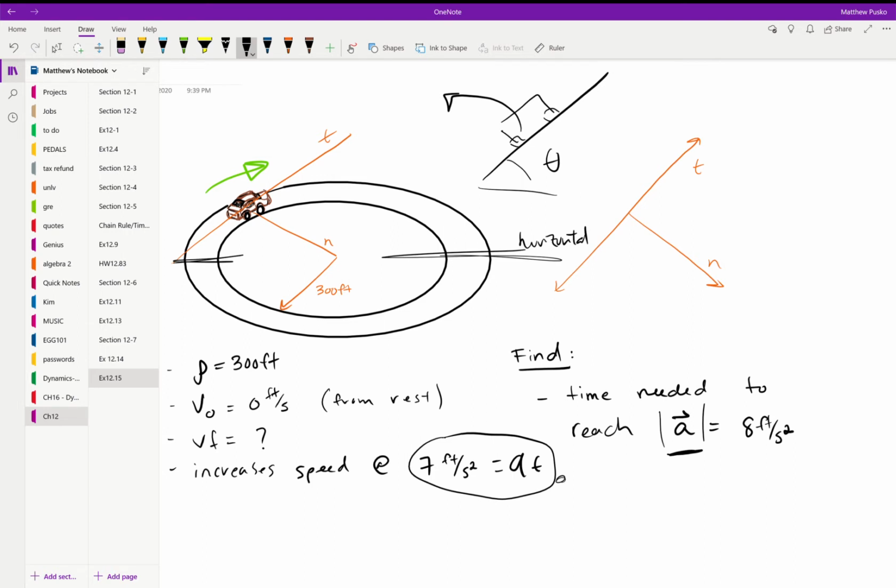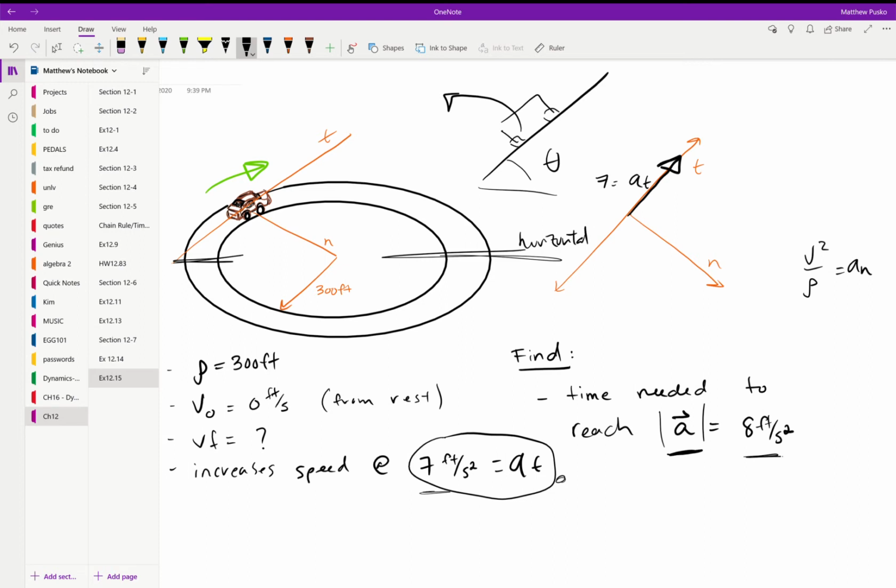So why would it have a bigger magnitude at some time if it has a constant acceleration as it speeds up? Because of our v squared over rho normal component. As that component gets bigger and bigger, it'll eventually add. We will have a component in the tangential direction, which we know is already equal to a constant 7.